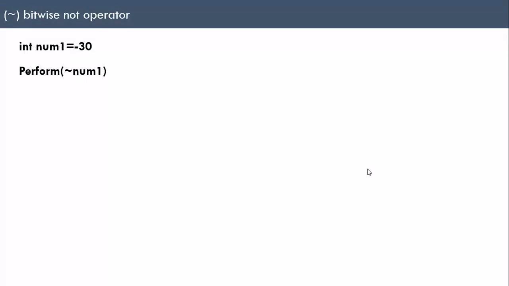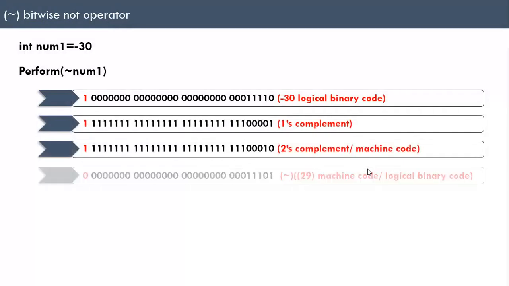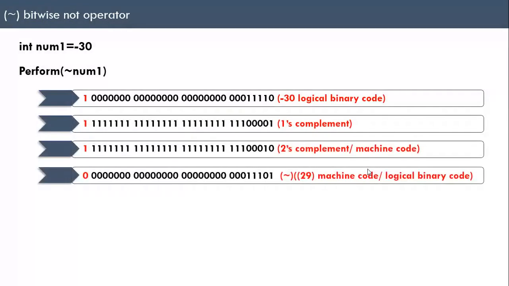Now we'll perform the bitwise NOT operator on -30. Therefore, it will follow the same steps we discussed in the previous slide, where initially the decimal number will be converted into logical code, and after performing 2's complement, we will get the exact machine level code of -30.